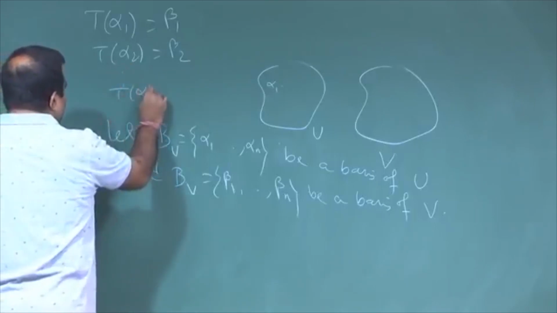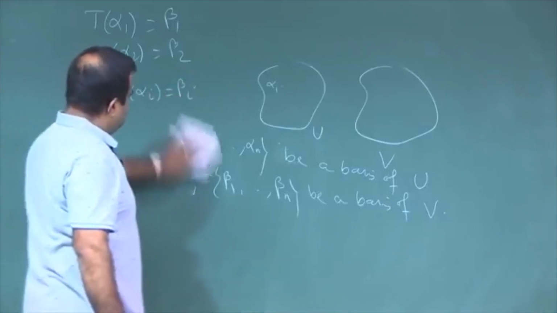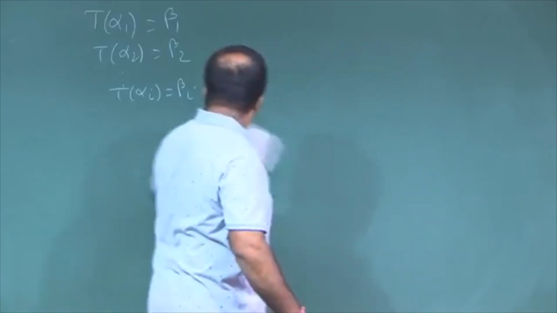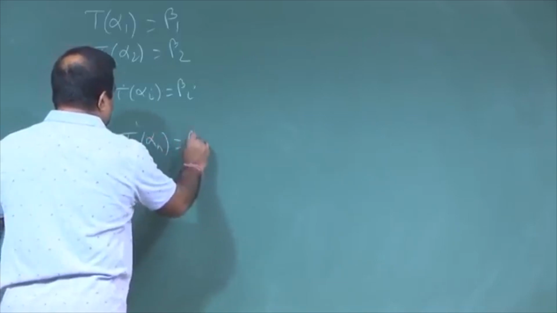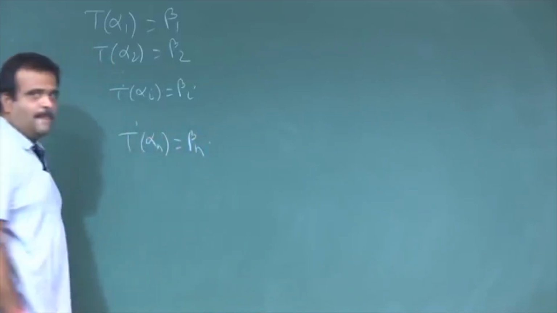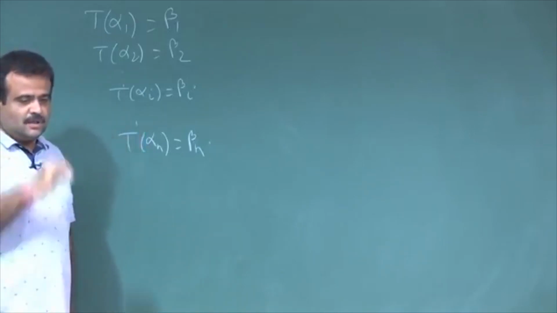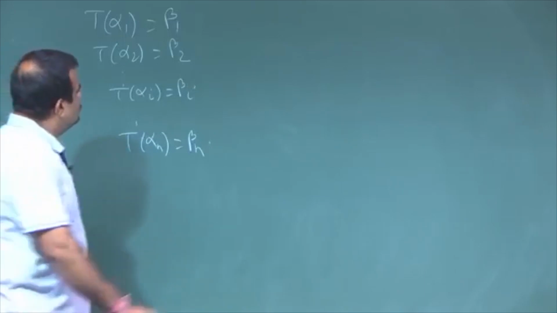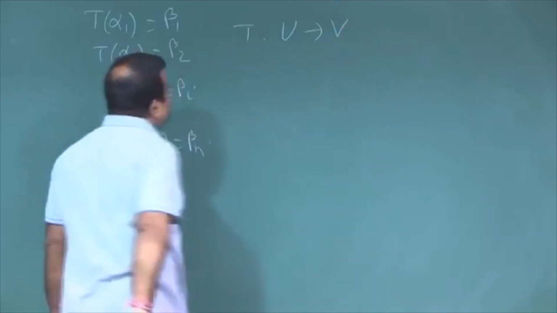In general, T of alpha i goes to beta i, up to T of alpha n goes to beta n. This is the way we define the linear transformation from U to V.